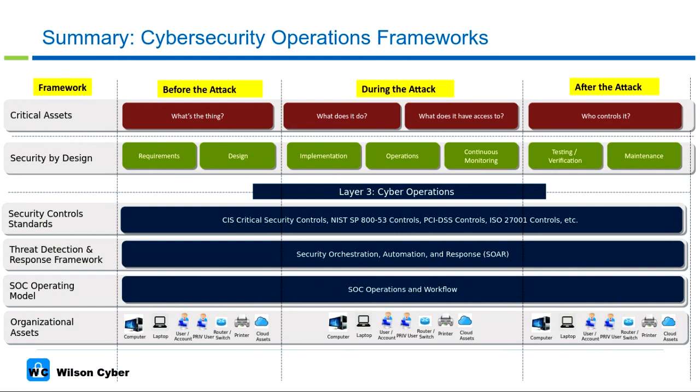And our critical assets include, before the attack, computers, laptops, user accounts, privileged user accounts, routers, switches, printers, cloud assets. During the attack, after the attack, these same assets are monitored through our SOC, following the security orchestration, automation, response framework mapped against the security controls such as CIS, NIST, PCI, or ISO.